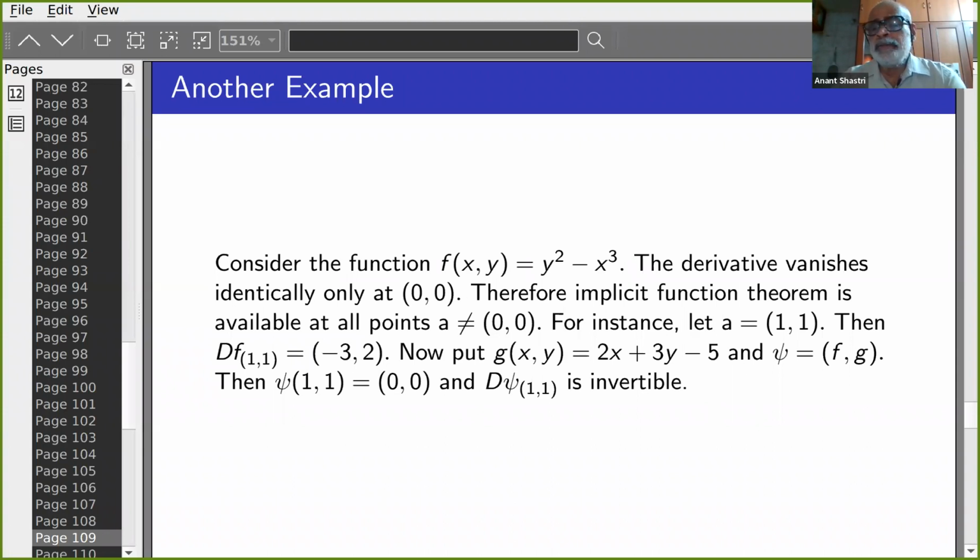Kartikeya? Who is listening to lectures? Yes, sir. Have you seen this curve, y squared minus x cubed equal to 0? Yes, sir. It'll be a reflection of y equals x to the power 3/2 about the x-axis, but it'll be only defined for non-negative x.